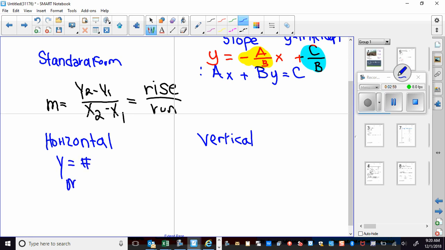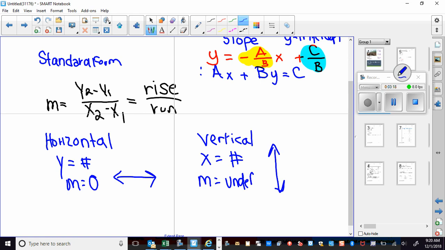The slope is always 0, and it's a horizontal line going over the y-axis. On the other hand, vertical lines have an equation of x equals a number. It's a vertical line, and the slope of these lines is always undefined.